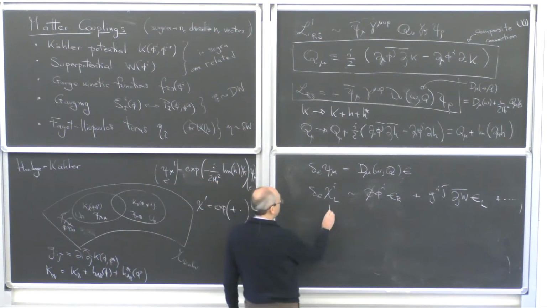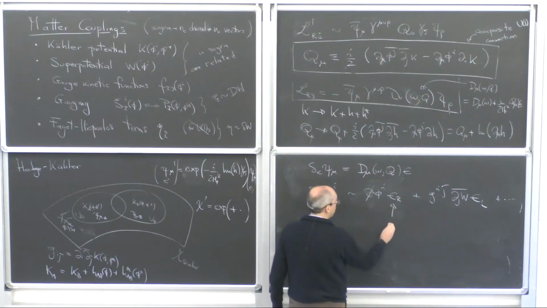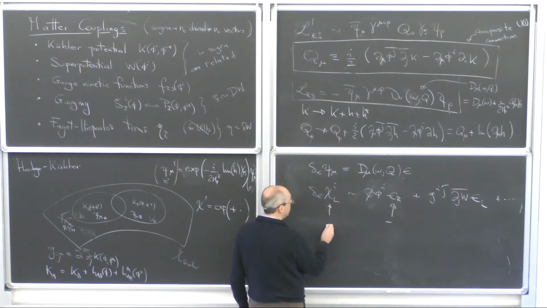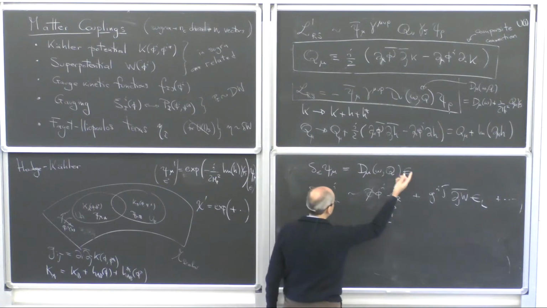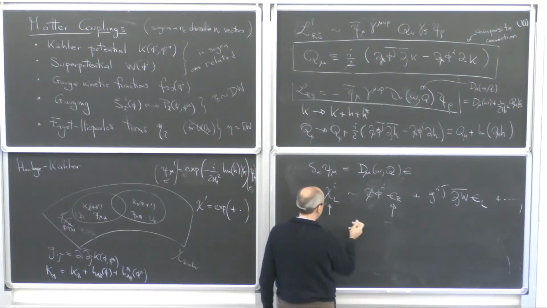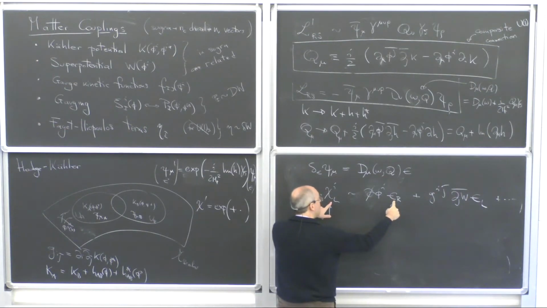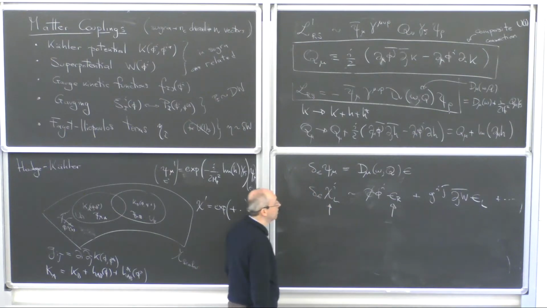Because if the left transforms with a minus, the right transforms with the opposite, and so you need to have the same sign, of course, for the left and the right epsilon and the left chi.